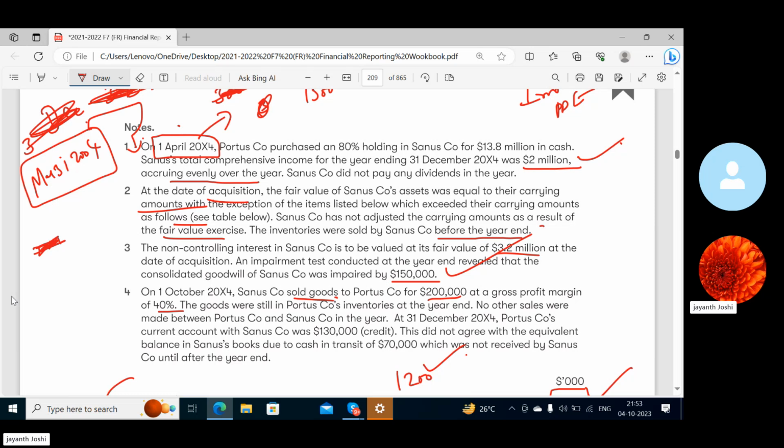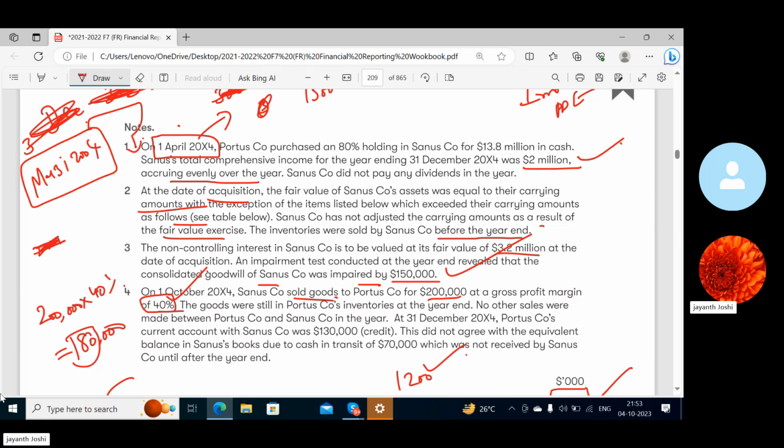It's between the parent and subsidiary. Here the subsidiary company has sold goods to the parent company and made a profit of 40%. We should remove that. So 200,000 into 40% is how much? I think 80,000. So we'll take 80 and remove that from inventory.